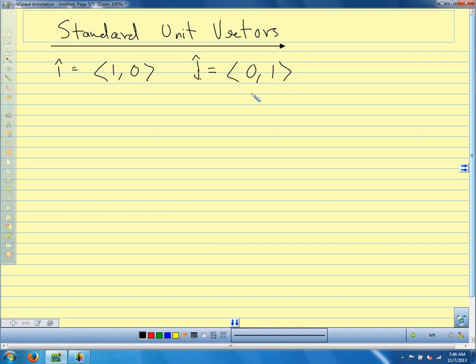We can write any vector as a linear combination of our standard unit vectors. So v equals our component form, v1, v2. We can write that as a linear combination of i and j.